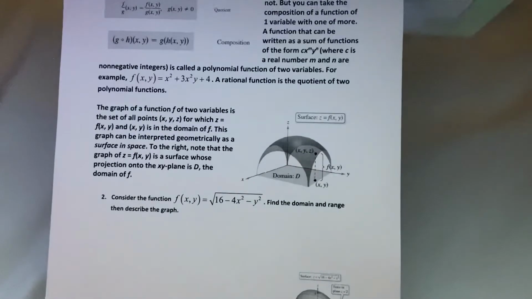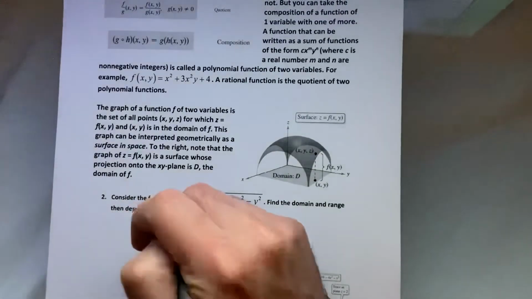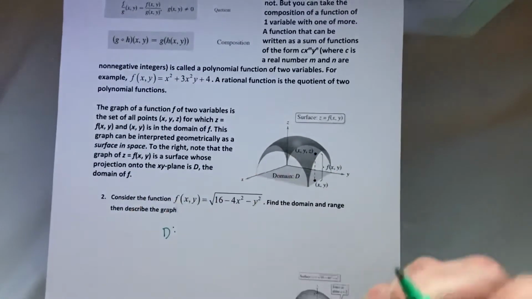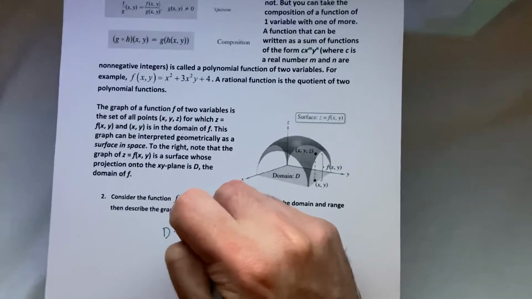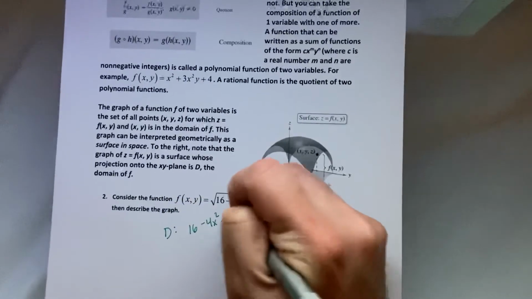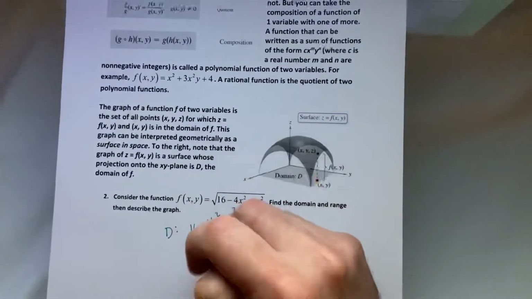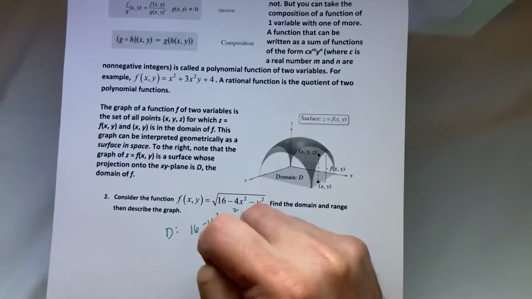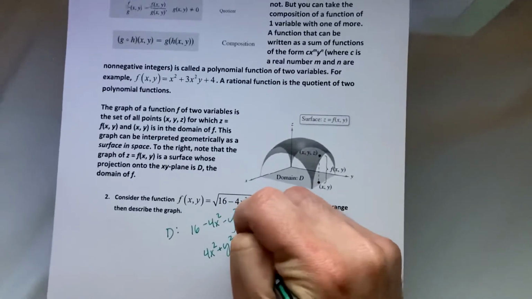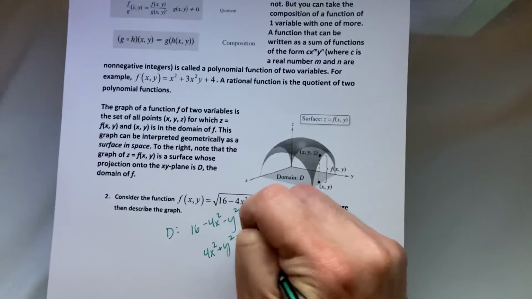Okay, so let's consider the function f of x, y equals the square root of 16 minus 4x squared minus y squared. Find the domain and range and describe the graph. Okay, so domain. We know 16 minus 4x squared minus y squared is greater than or equal to 0, which means 4x squared plus y squared is less than or equal to 16.